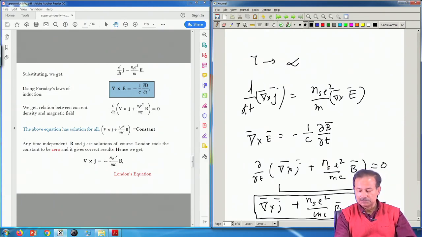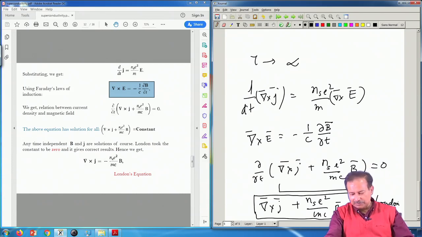It is actually two Londons, so London's equation you could write as well, but anyway, historically this is called the London equation.